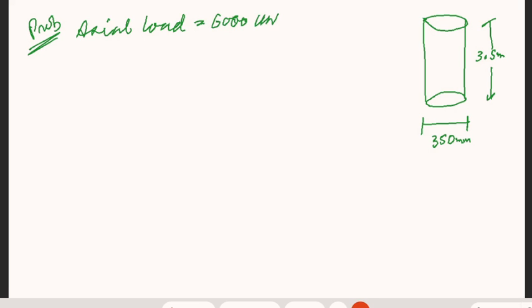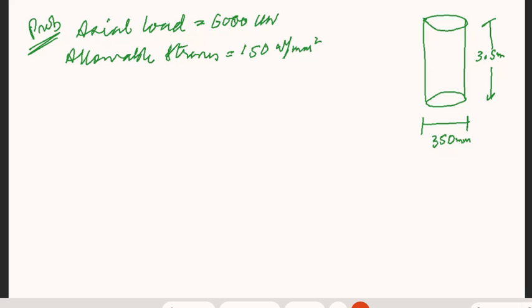And it is already given in the problem itself that the stresses in the column should not exceed 150 Newton per mm square. That means, again, your allowable stresses are how much? Allowable stresses are 150 Newton per mm square.